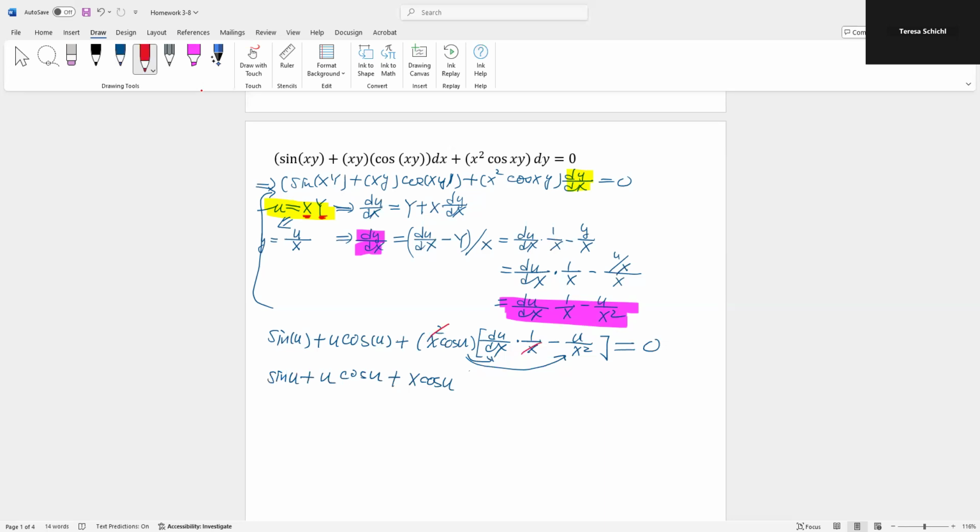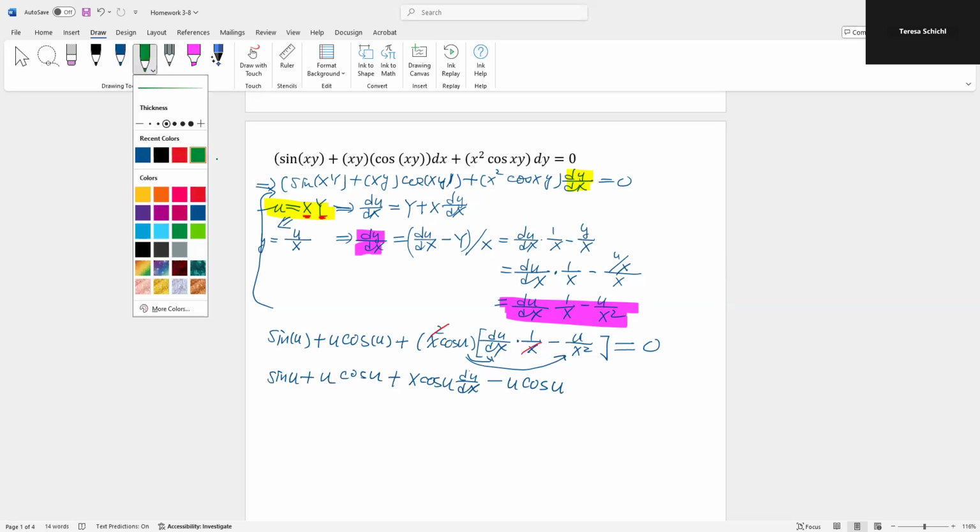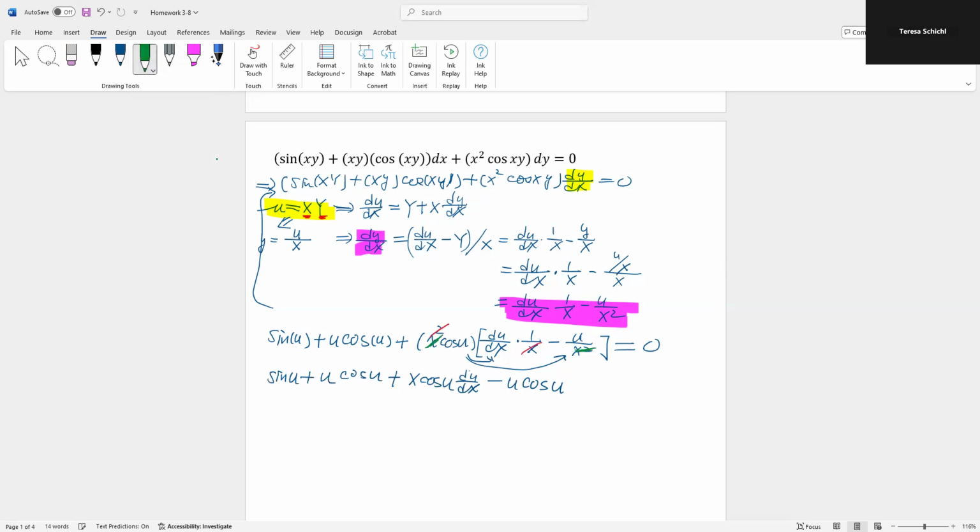So it's x cosine u du dx. Then the distributive rule: minus u cosine u. The x squared cancels out with this x squared, right? So it's u cosine u.